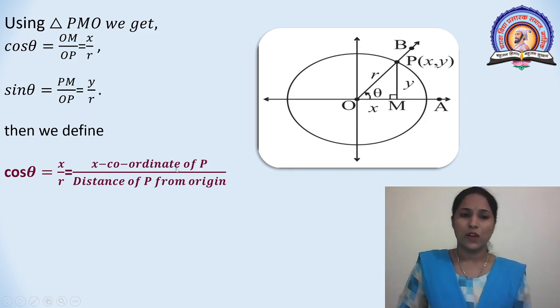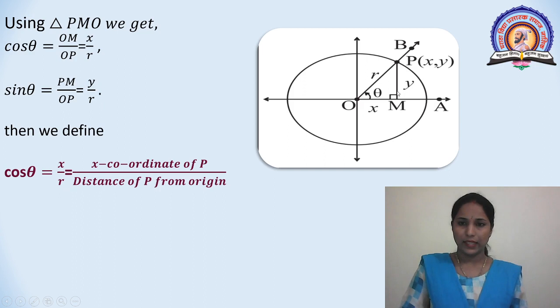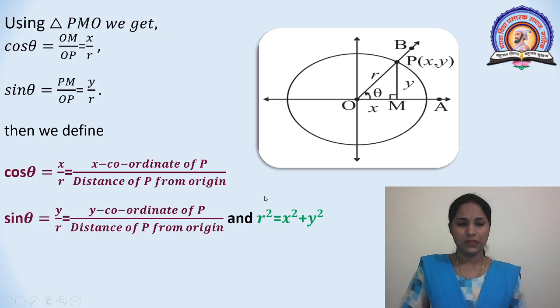That is, the x coordinate of P is x, and the distance from the origin, that is r, is nothing but the radius. Similarly, sin theta is equal to y upon r. This is equal to the y coordinate of P.